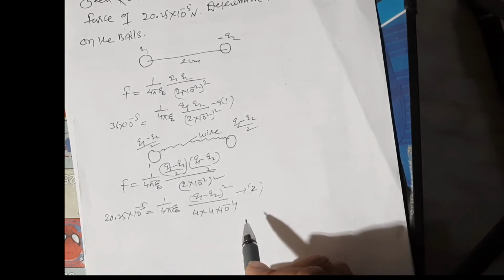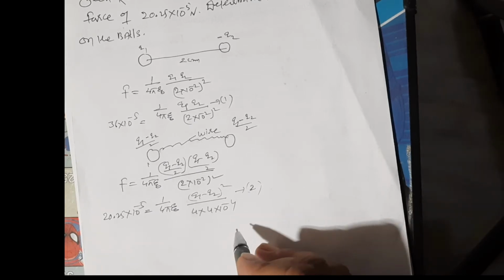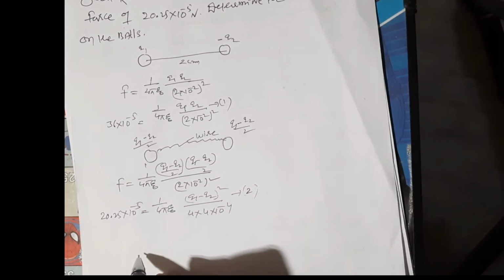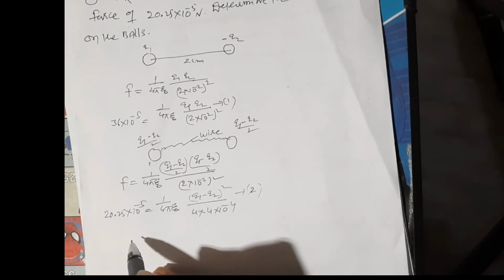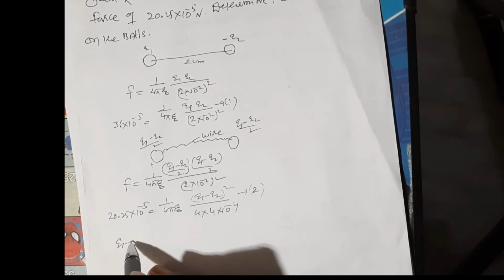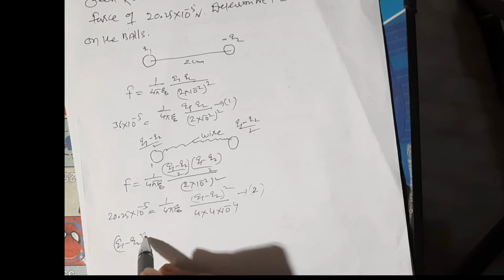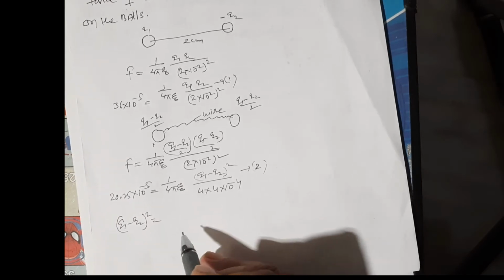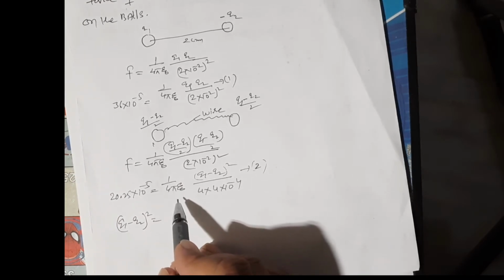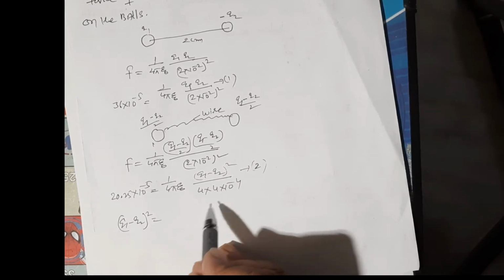Now from this equation we write Q1 minus Q2 whole square is equal to, here 1 by 4 pi epsilon naught is equal to how much? 9 into 10 to the power of 9.